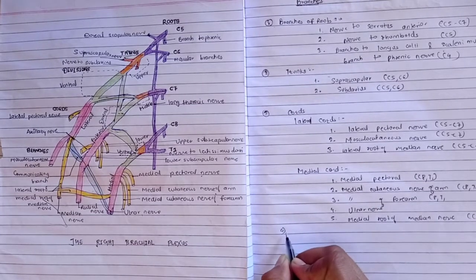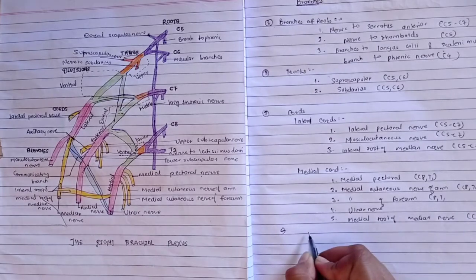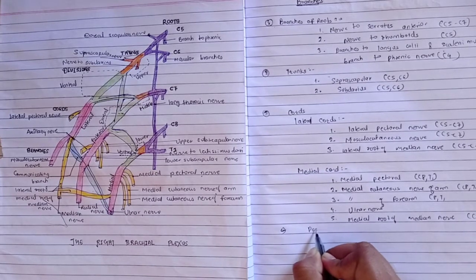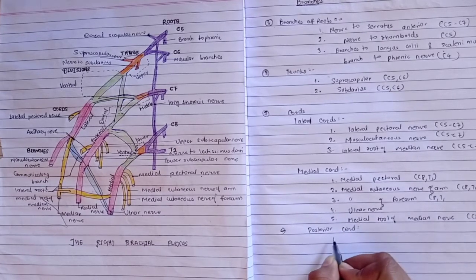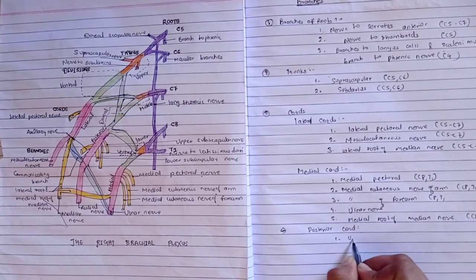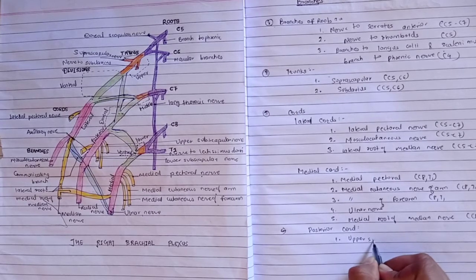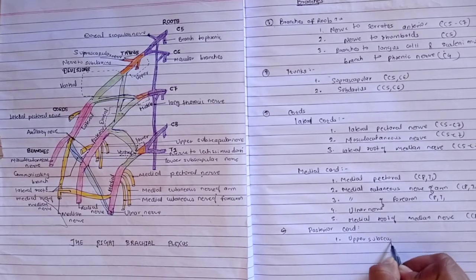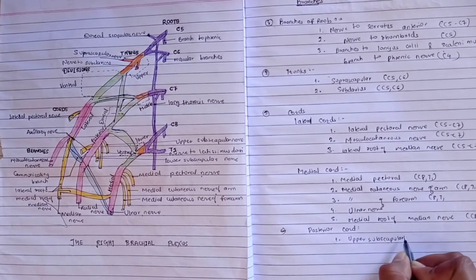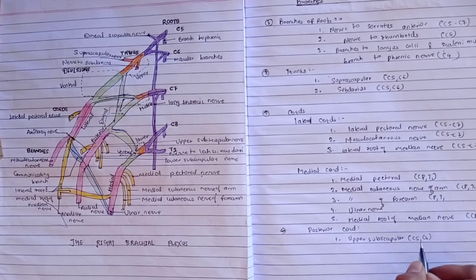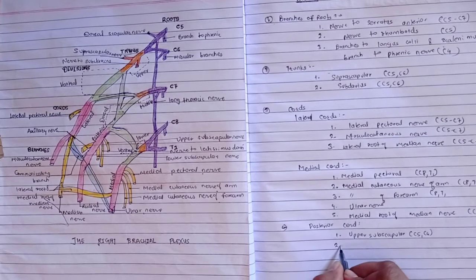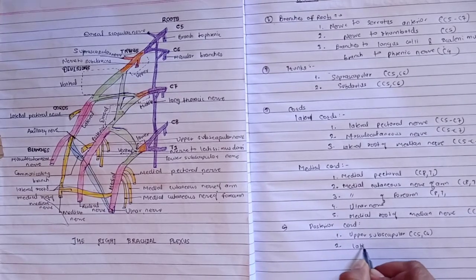Number 4, the branches of the posterior cord. Number 1 is upper subscapular. Number 2 is nerve to latissimus dorsi.